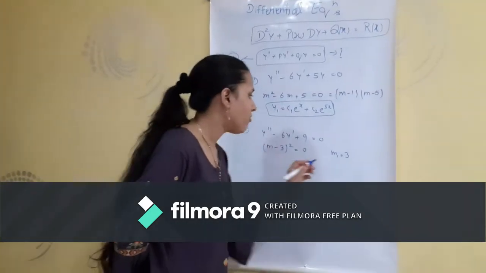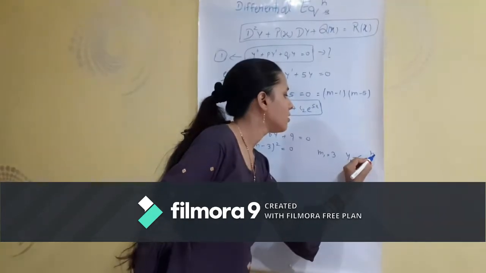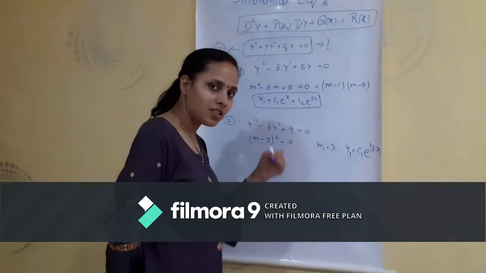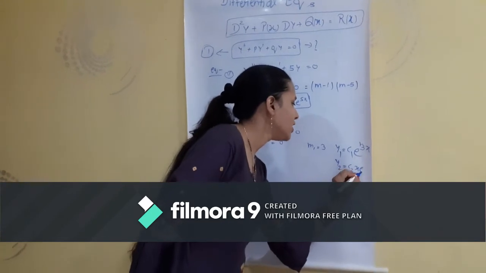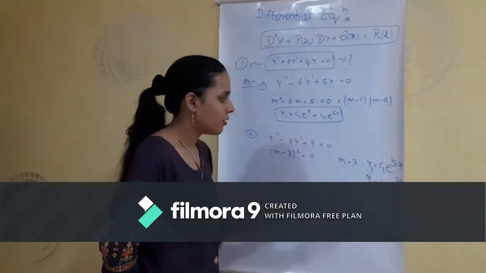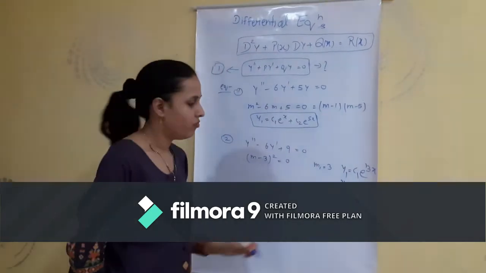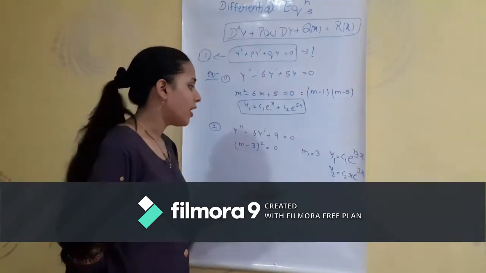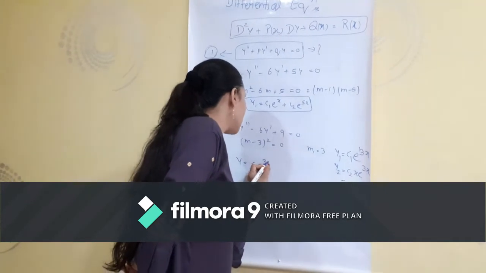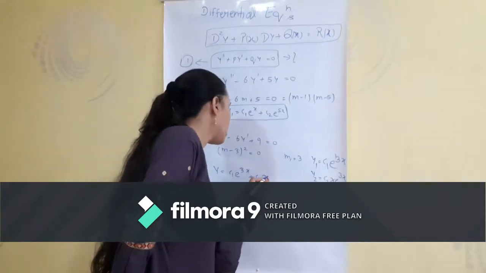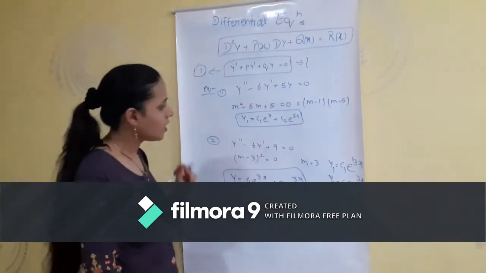We have one solution, y1 equals c1 e to the power 3x. Then another solution we consider is y2 equals c2 x e to the power 3x. That means x times y1, which will be linearly independent to y1. Then the solution is y equals c1 e to the power 3x plus c2 x e to the power 3x. This will be the solution of this equation.